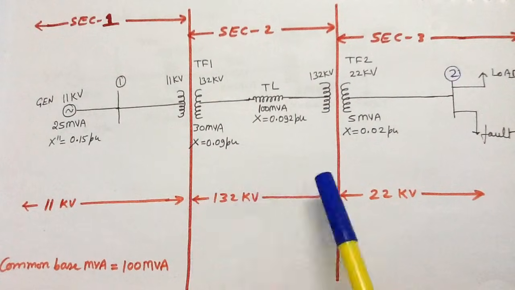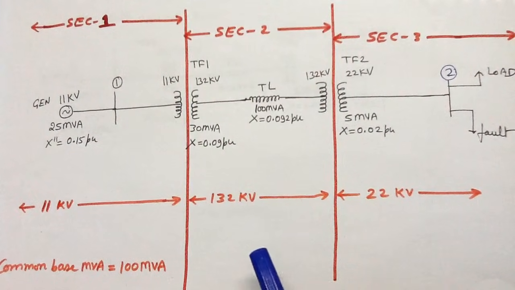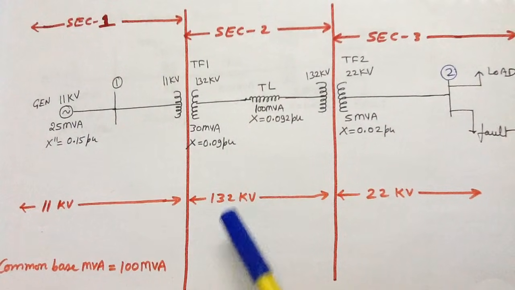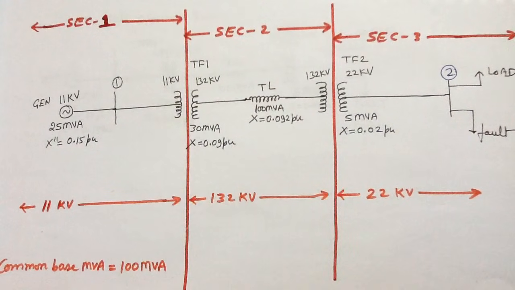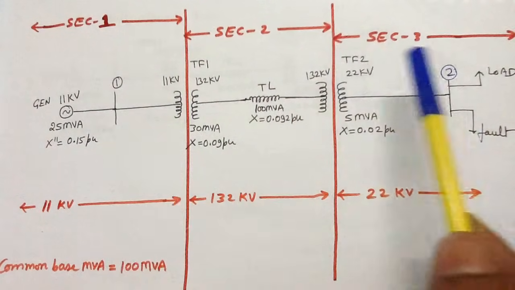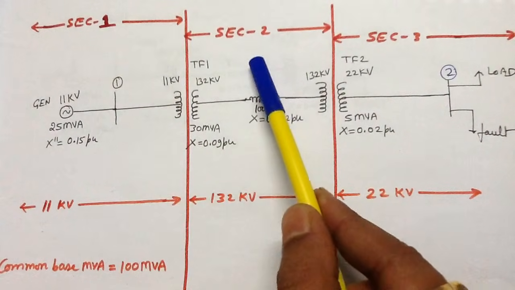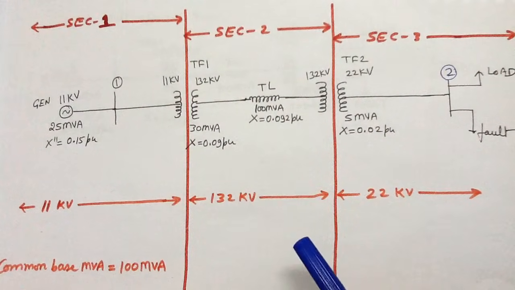So there will be two vertical lines in this power system network. Remember, you have to draw the vertical lines first. There are two transformers, so there will be two vertical lines which will separate the LV and HV winding of the transformers. And easily you can see that in this power system network there are three sections. Section number 1, section number 2 and section number 3.